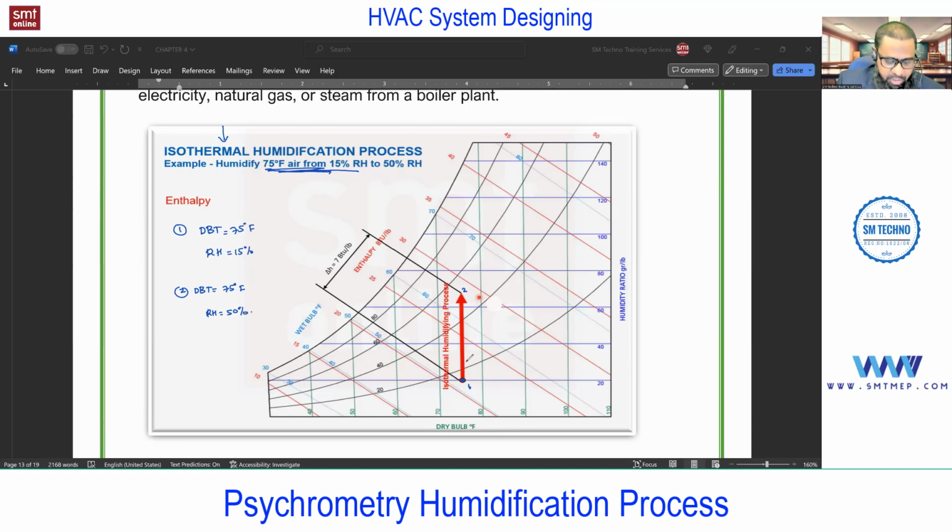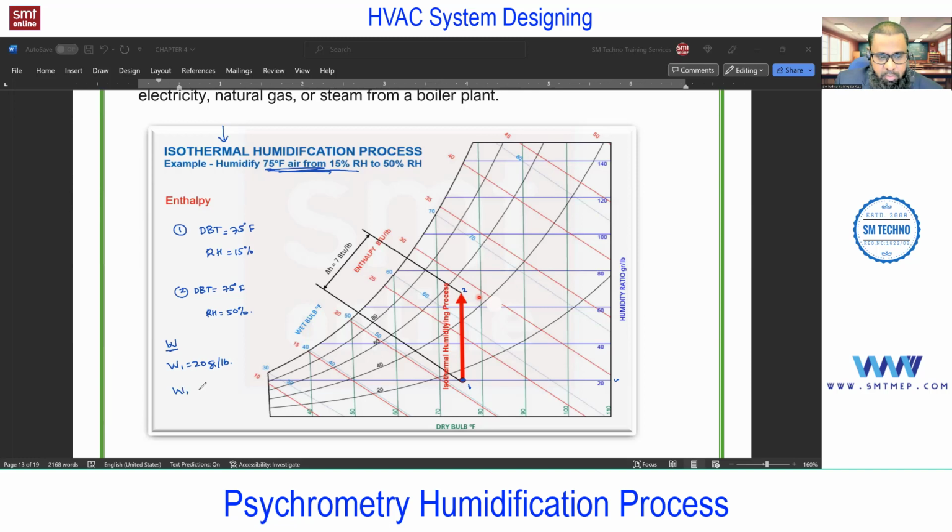And how can we achieve this? Simply by adding the moisture, and moisture means the heated steam. Now, what will happen to the humidity ratio? Now we'll talk about the humidity ratio. So W1 is this point, which is 20 grains per pound.